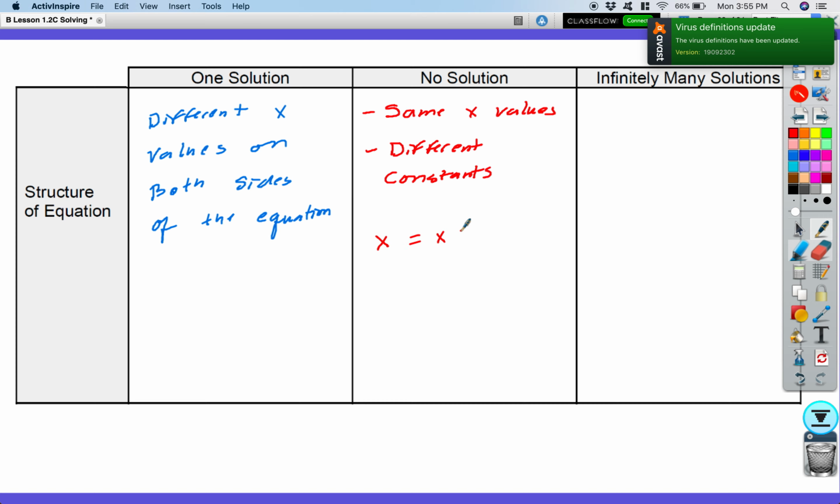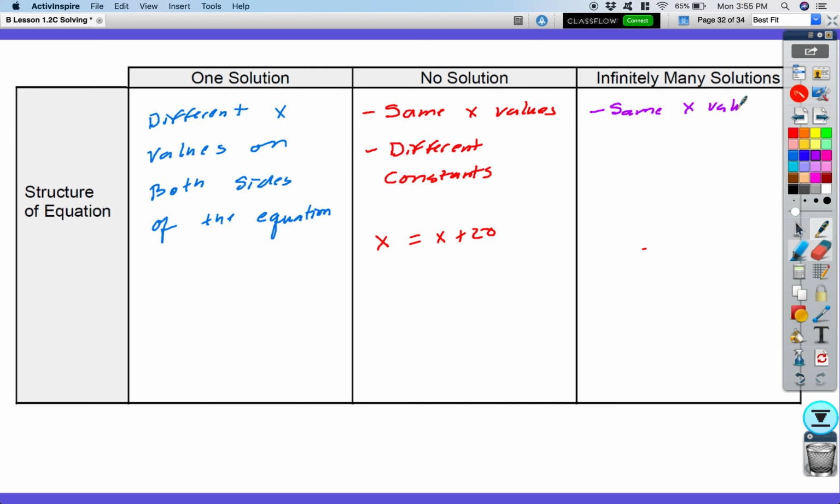Same x values, but I'm 20 years older than Julian. And then infinitely many solutions is same x values and same constants.